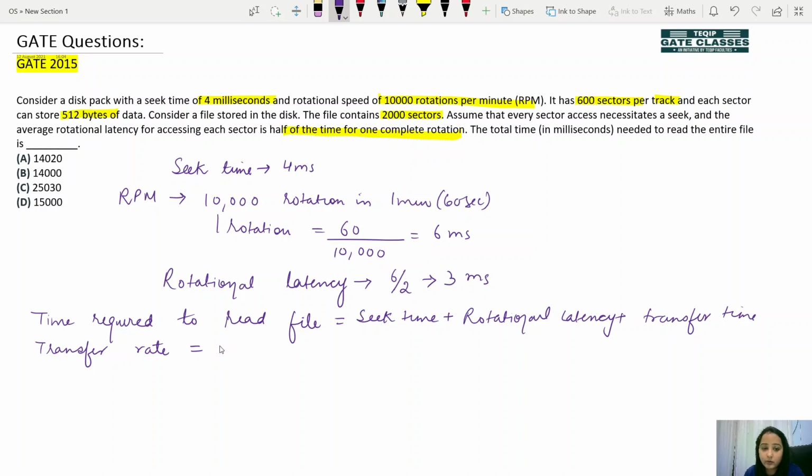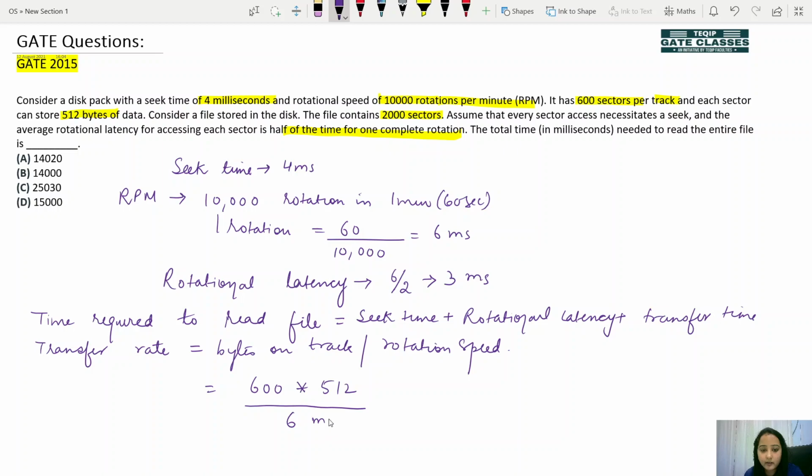So transfer rate will be bytes on track divided by rotation time or speed. So it will be 600 multiplied by 512: 600 sectors, and how much data per sector is it containing? 512. So simply I have multiplied 600 by 512 and divided by the rotational speed, 6 milliseconds.